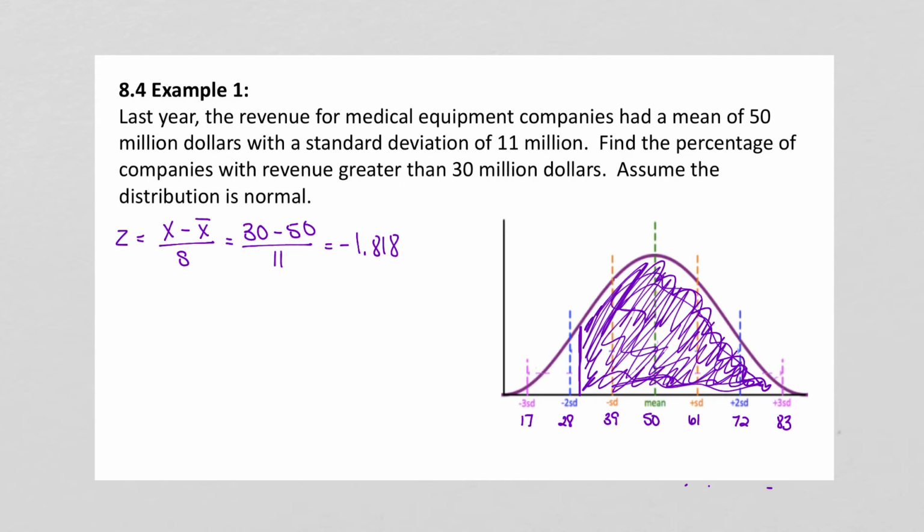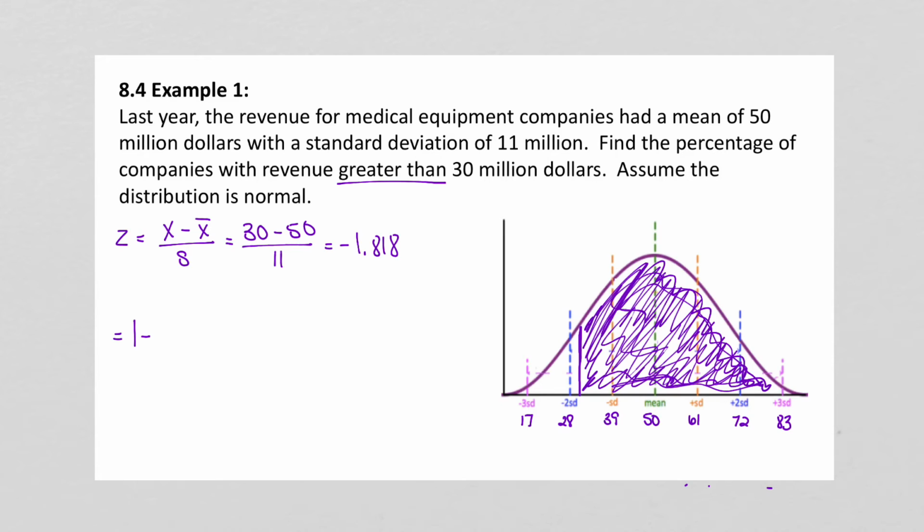Now, I'm not going to go over to Excel and do this right now, but all you have to do is enter this into Excel, equals, and then for greater than, we have to do 1 minus. If you don't do 1 minus, it's going to find less than. So naturally, when we use this formula, it will find less than. We have to do 1 minus to get greater.